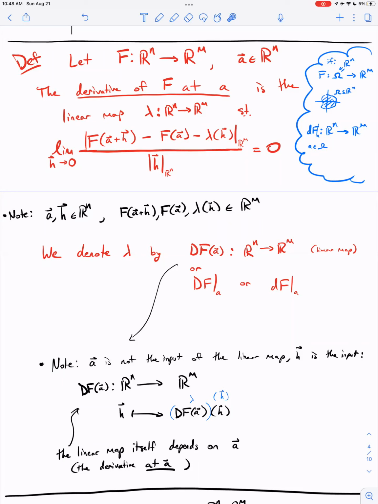It has nothing to do with the input of the linear map that you get out. But what if you change the value of a? What happens is you change the linear map itself. So it's like you have a matrix where all the entries depend on a itself. The matrix is a linear transformation of these column vectors, but all the entries of the matrix will change if you change the value of a.